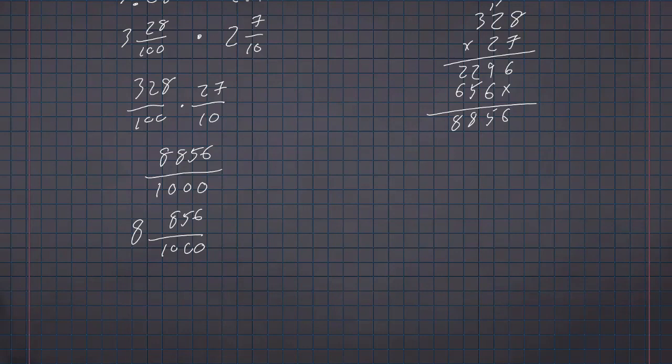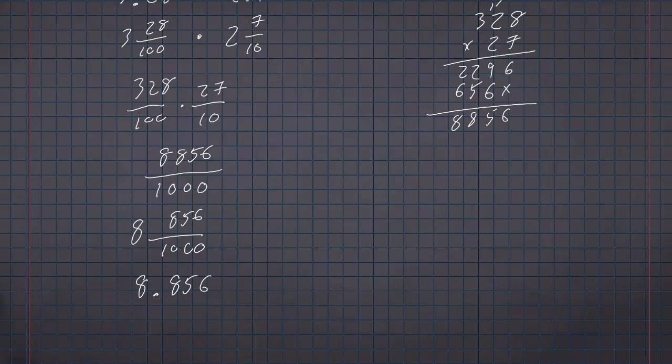I end up with 856 over 1,000, which is 8 and 856 thousandths, 8.856. The interesting thing that happens here is that when you multiply decimal numbers, you end up with more places after the decimal point than what you started.